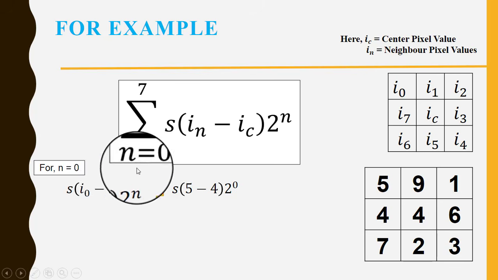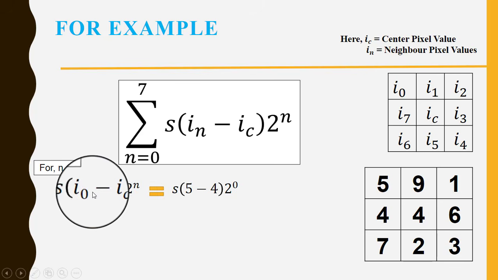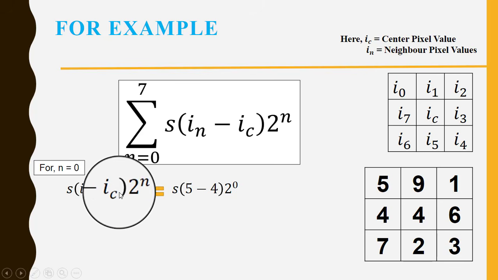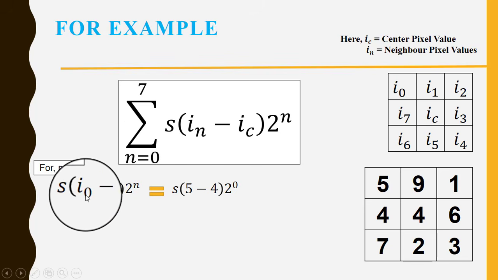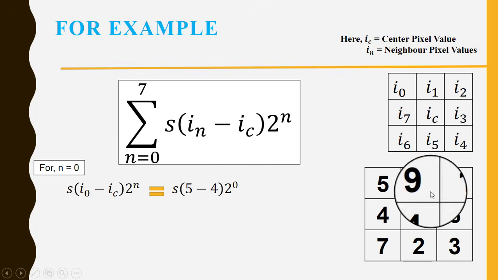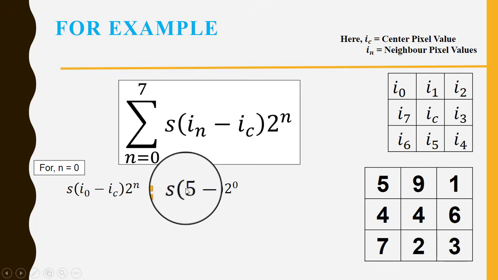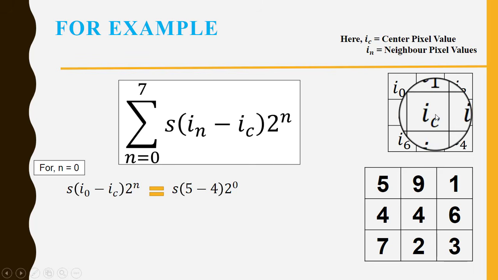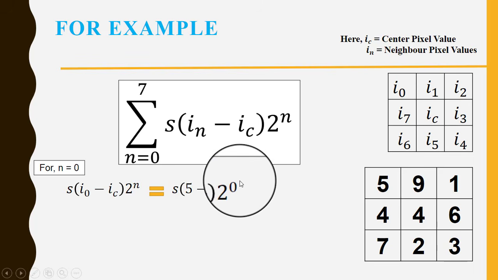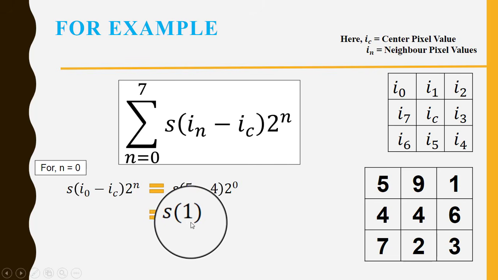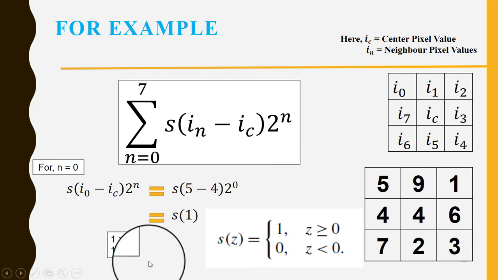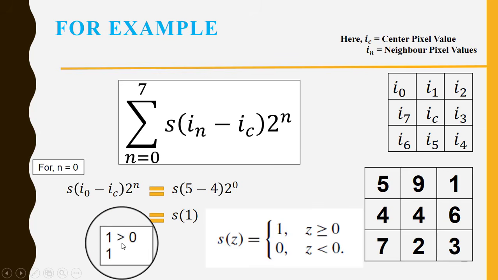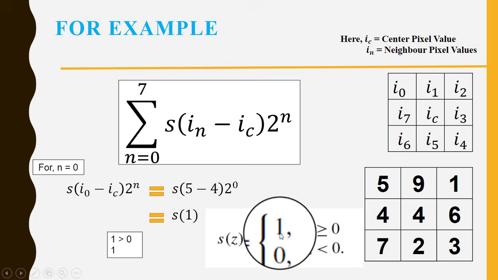So put the value of n as 0 in this equation. We put the value of I0, that is 5, and the value of Ic, that is 4. After computing, we get 1. Now we compare the result: 1 is greater than or equal to 0, so we assign 1.